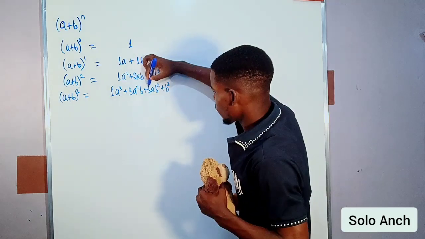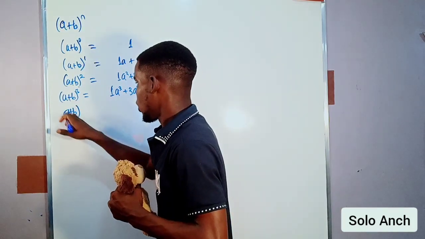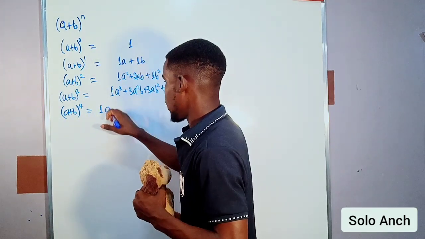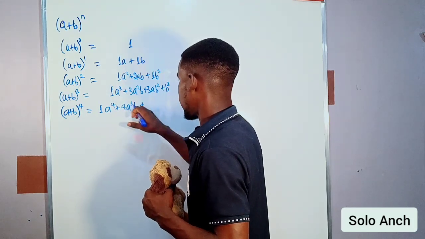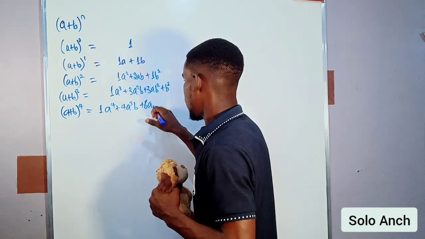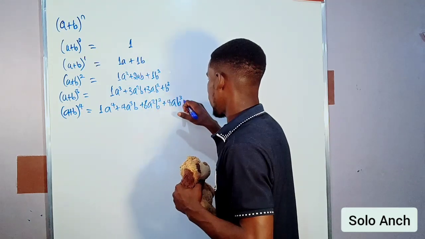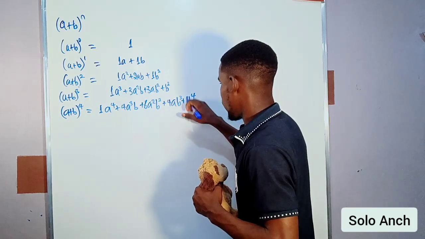Let's do it for the power of 4. This will be 1a to the fourth power plus 4a to the third power b plus 6a squared b squared plus 4ab to the third power plus b to the fourth power, and the coefficient of b to the fourth power here is just 1.